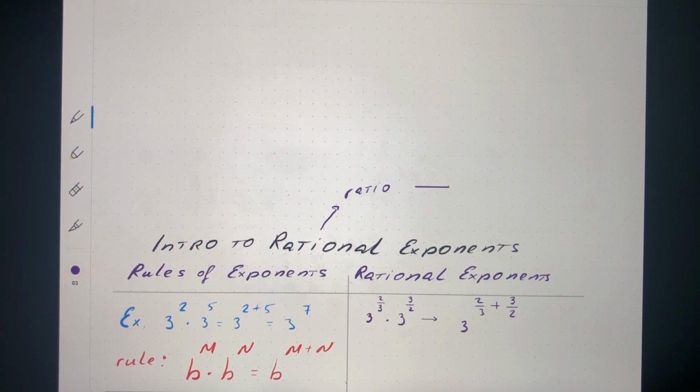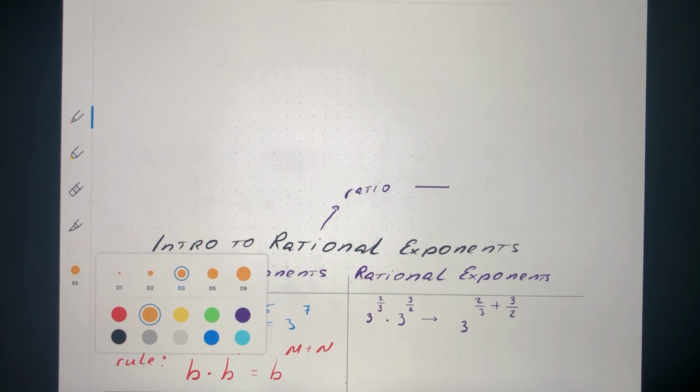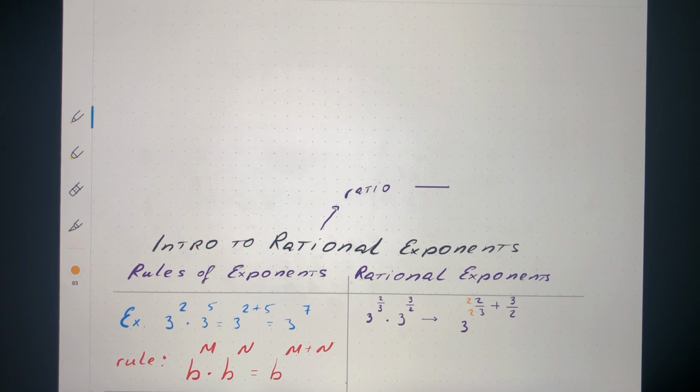So if we turn each one into 6 by multiplying the first one by 2 and the second by 3, we will get 3 to the power 4/6 plus 9/6, which is 3 to the power 13/6. And that would be the final answer.